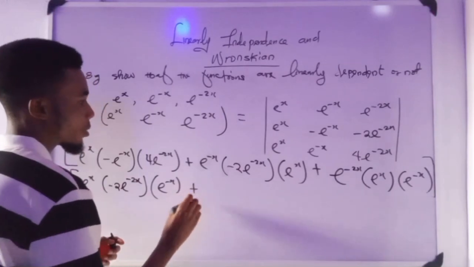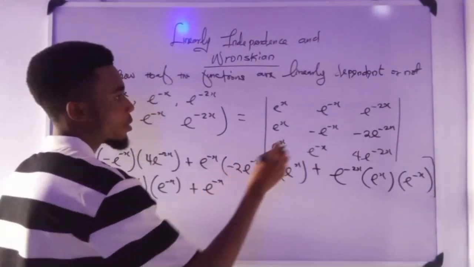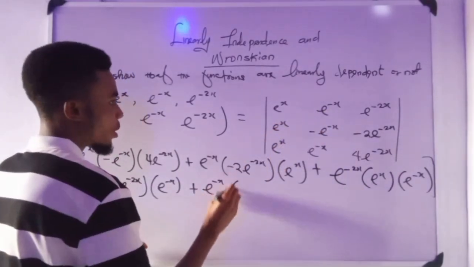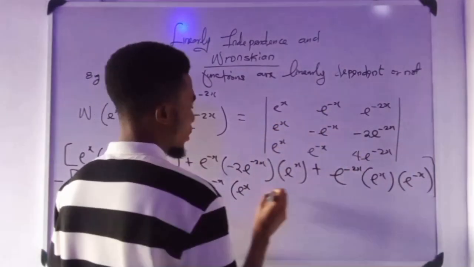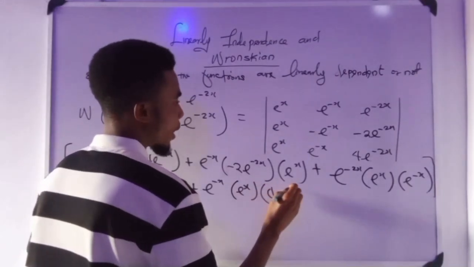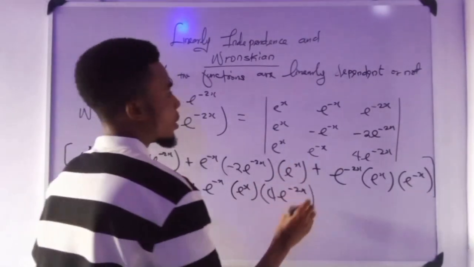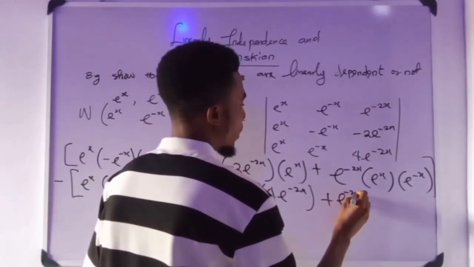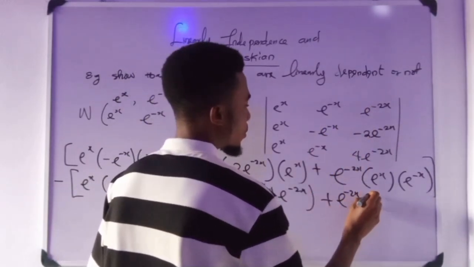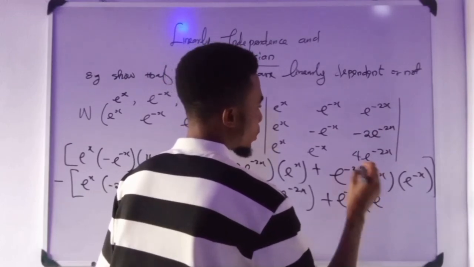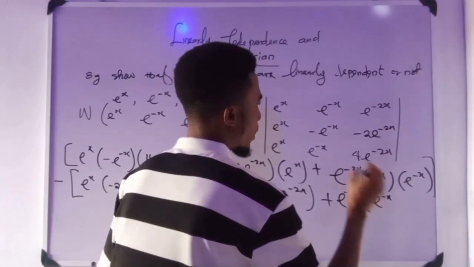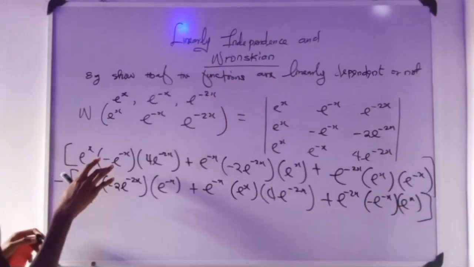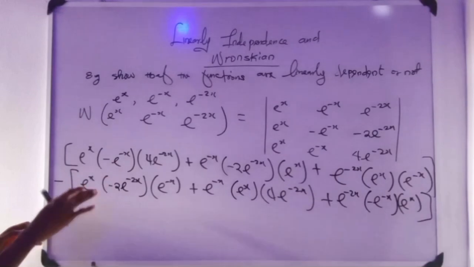Now plus, I have exponential of minus x multiplying the left indent, which goes this way now as exponential of x multiplying 4 exponential of minus 2x. And lastly, we have plus exponential of minus 2x multiplying this, which is minus exponential of minus x and multiplying exponential of x.